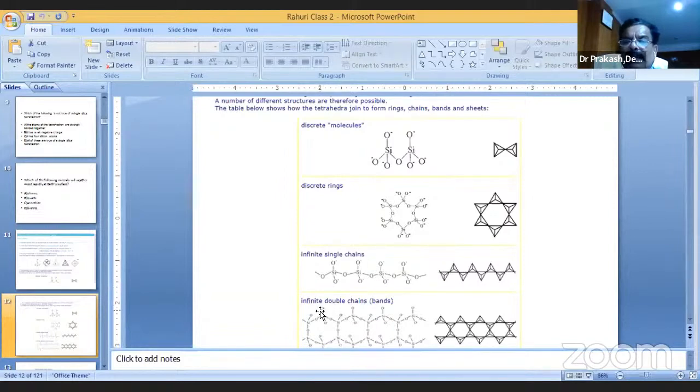And in case of double chain bands, you can see in the vertices, the 3 oxygens are shared. If you can see here 1, 2, 3, but outside it's only 1 and 2. So that's the 2 kinds of tetrahedra we have in case of the double chain silicates.